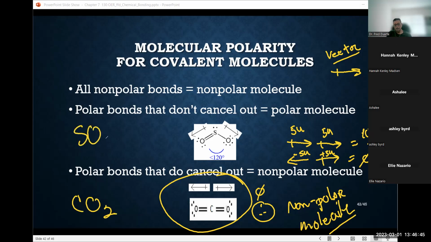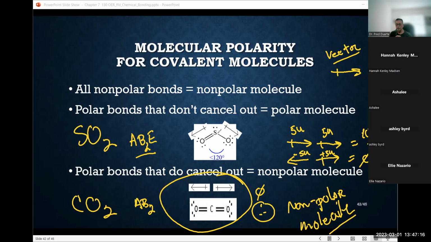Sulfur dioxide, when you do the Lewis dot structure, you end up with that structure given there. In this case, carbon dioxide is an AB2, and for sulfur dioxide, it becomes an AB2E, and that's a geometry. Now, if you look at the sulfur oxygen bond on the right, it is a polar bond, two different elements.